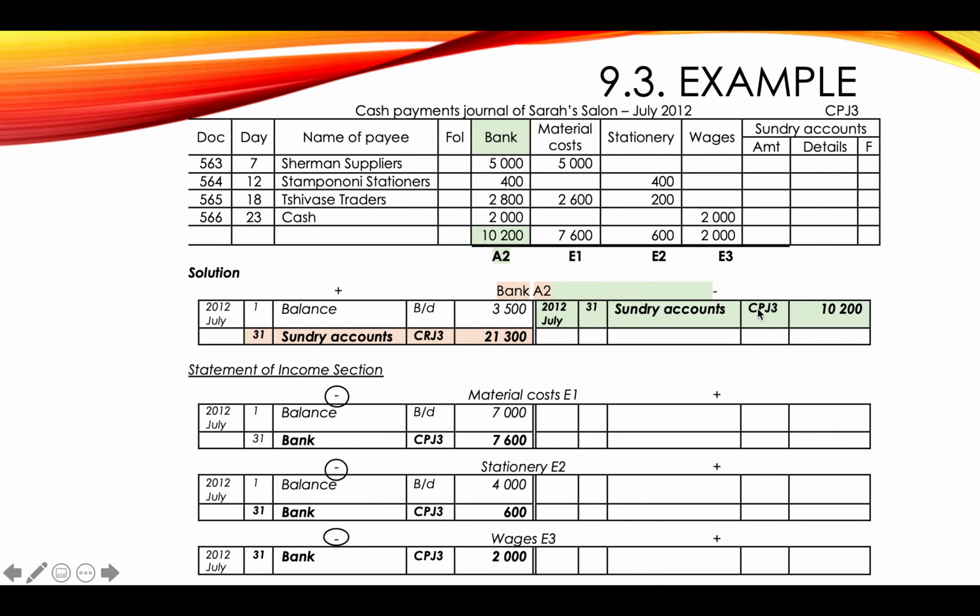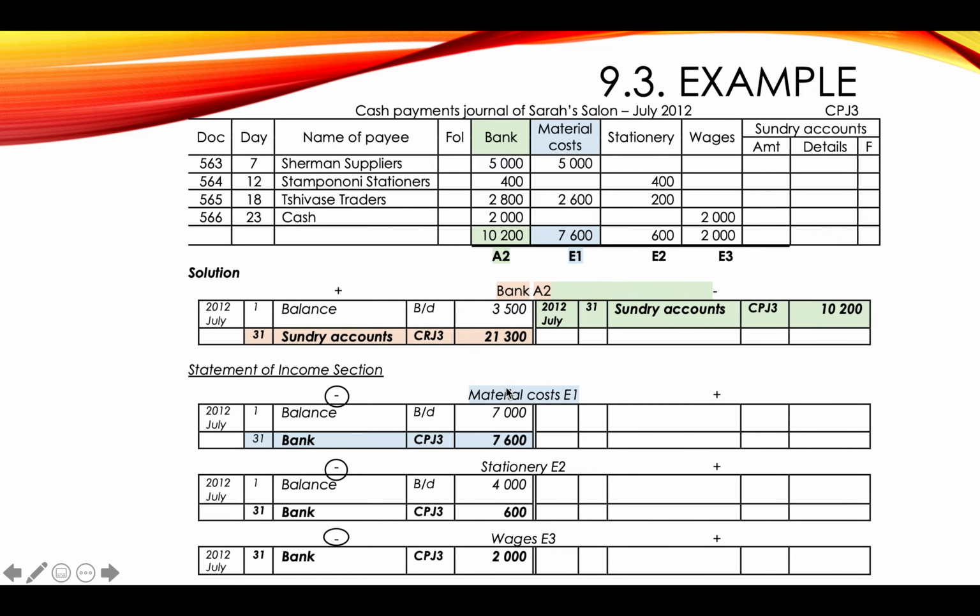And then just like in the cash receipts journal, all of these amounts appeared in lots of other columns. You could write material costs and stationery and wages over here, but you're probably a bit too lazy and therefore you can say sundry accounts. Material costs, the total is going to be 7,600, which will need to go to the material costs account.